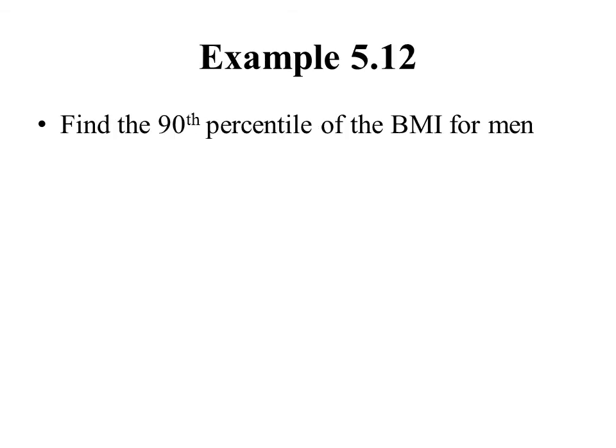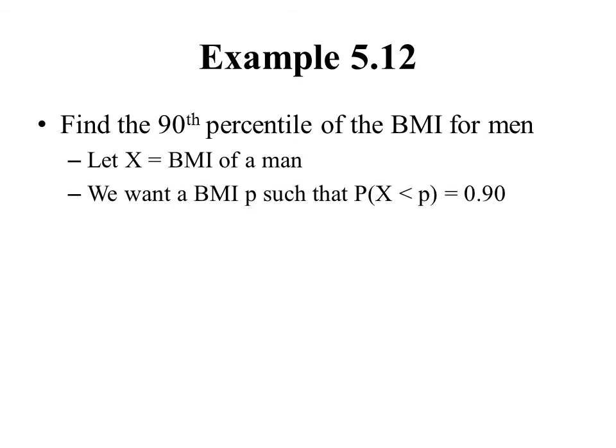So as an example, let's find the 90th percentile of the BMI for men. To better define what we mean by that, let's let our random variable x again denote the BMI of a single man. And so we want to find a body mass index, call that number p, such that the probability that x is less than p is equal to 0.9.